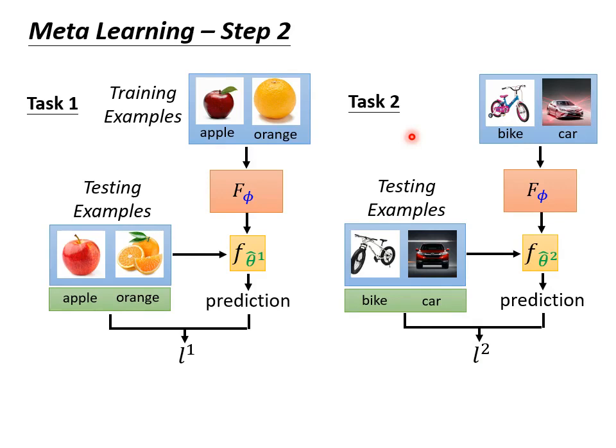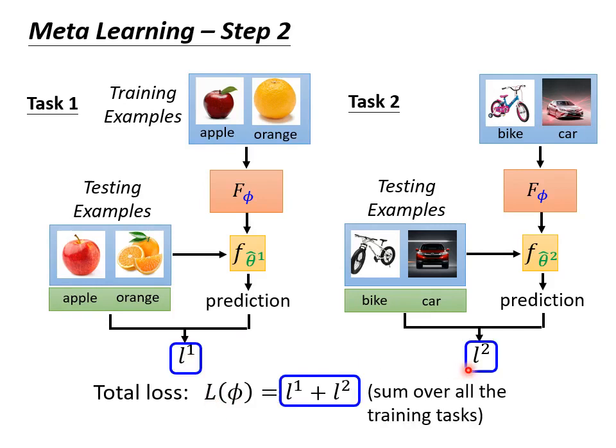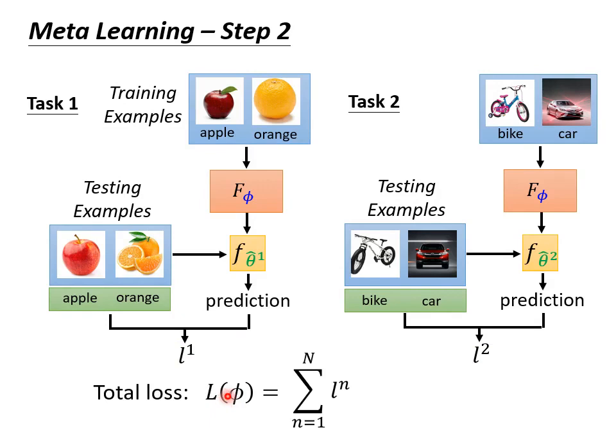So now we have L1 and L2. And for all the tasks, we will compute a small l for each task. Then our total loss for a learning algorithm is capital L, which is the summation of L1, L2, the l for all the tasks. This capital L can be formulated in a more general form, like this: a summation over all the small l, and each l corresponds to a task.